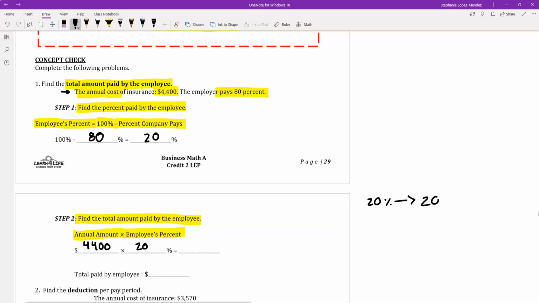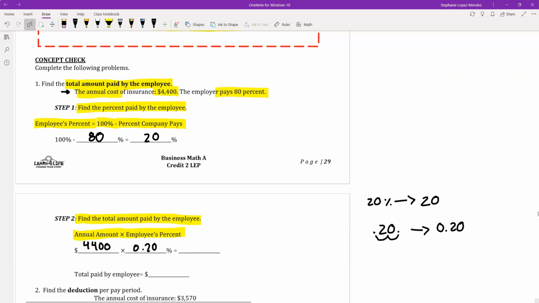First I drop the sign, and then I move the decimal 2 times to the left. 20 is less than 100 but greater than 10, so I just add 1 zero. So instead of 20%, my result is now 0.20.